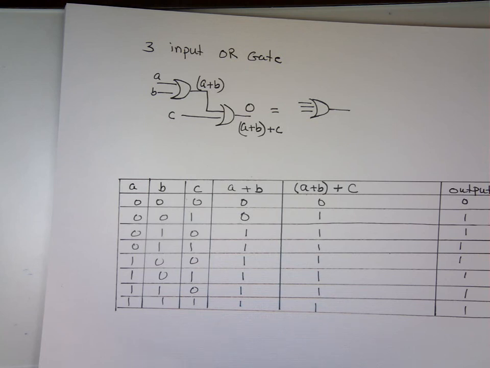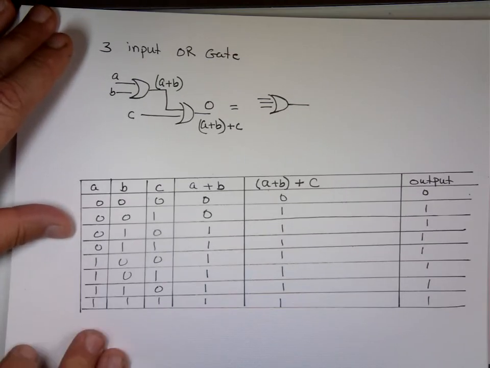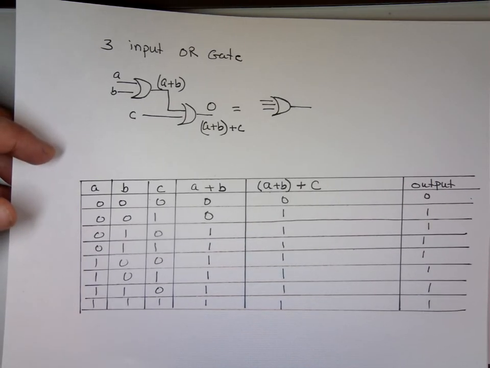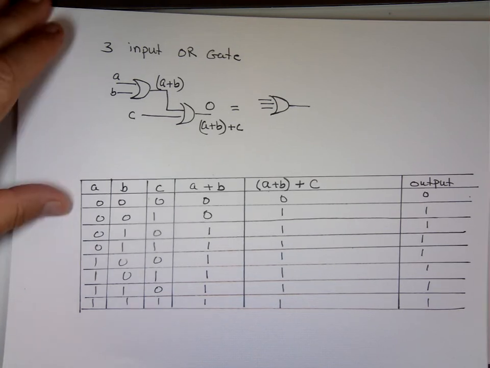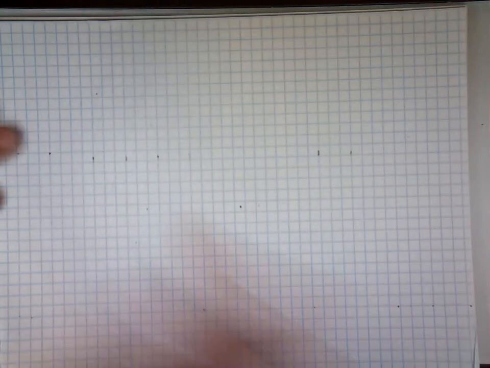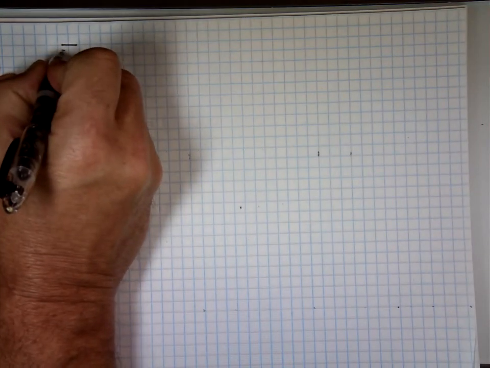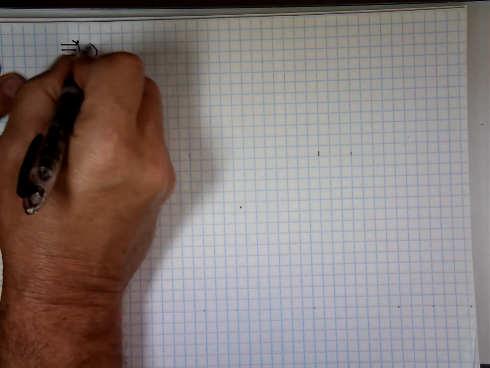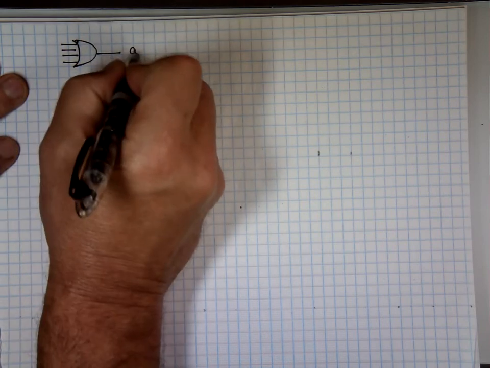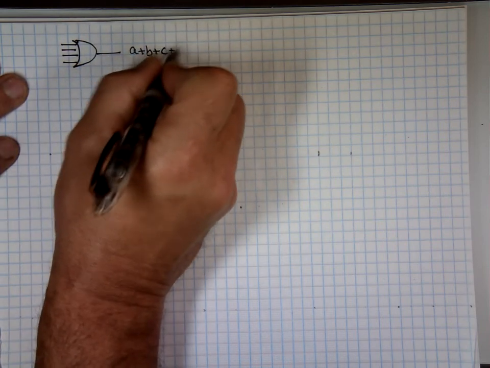I'll cheat, I'll use graph paper, so I don't have to write. Makes it easier. If I want to create a 4-input OR gate, it will look like this. That's A plus B plus C plus D. That's a 4-input OR gate.